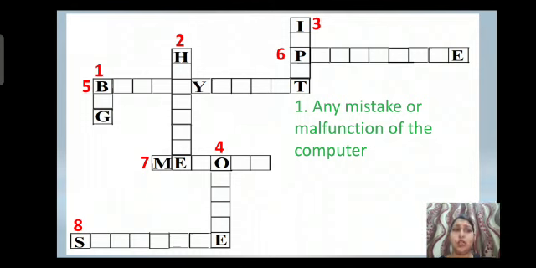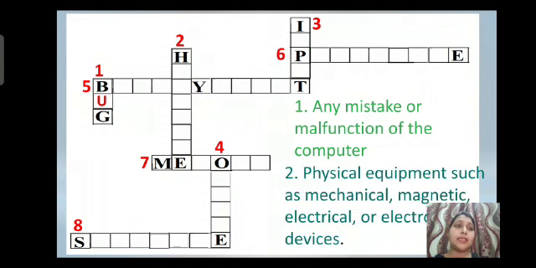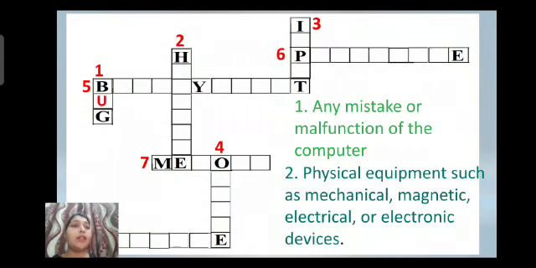So children, here's your puzzle. First question that you have to solve: any mistake or malfunctioning of the computer, what do we call it? Bug. Okay, and this is your second question, children.